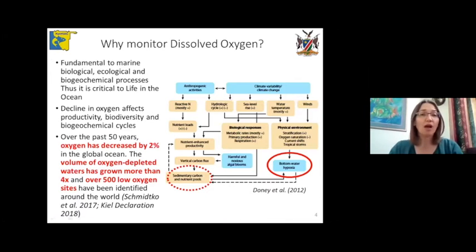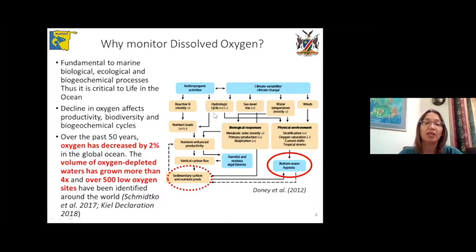So why monitor dissolved oxygen? First of all, it's fundamental to the marine biological, ecological, and biogeochemical processes, and thus it is critical to our life in the oceans. And decline in oxygen affects many things: the productivity, the biodiversity, and the biogeochemical cycles. If you look at the schematic, you'll see climate change, how it impacts through temperature or winds, the physical, environmental, also biological responses. And then here you see I've circled bottom water hypoxia.